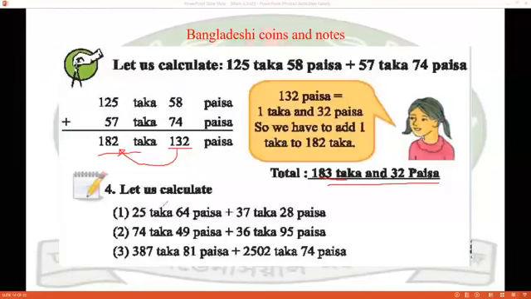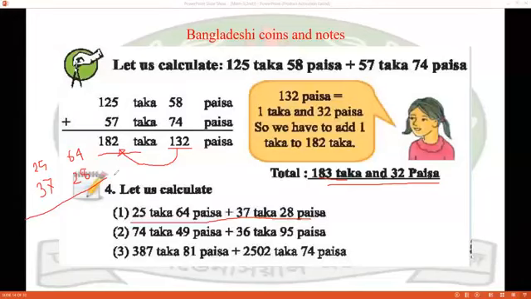And the last three are for your calculations. You can add 25 taka and 64 paisa. At first we write 25 and there 64 paisa. Then we write 37 taka and 28 paisa. At first we have to add 64 and 28 paisa.